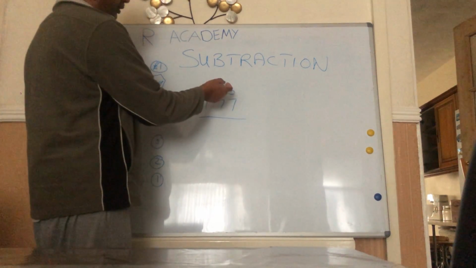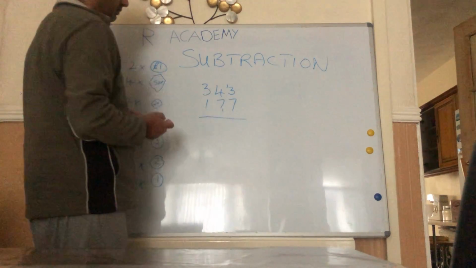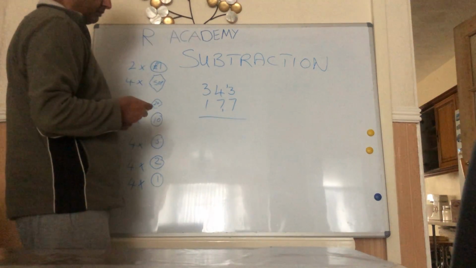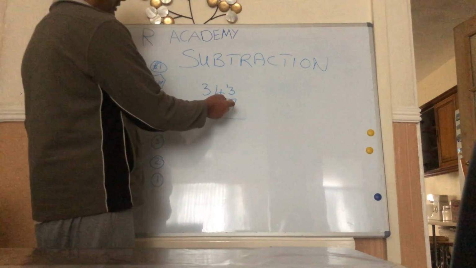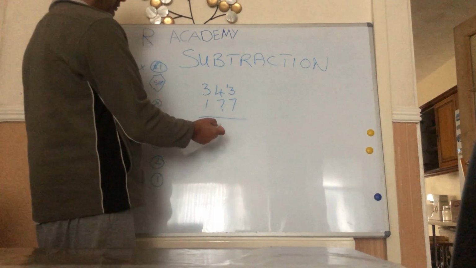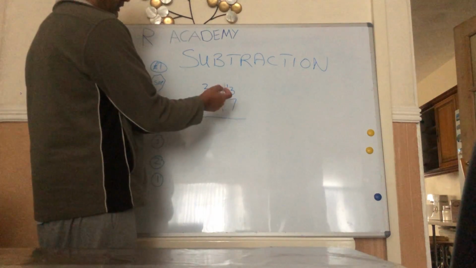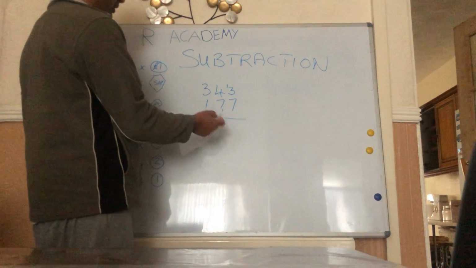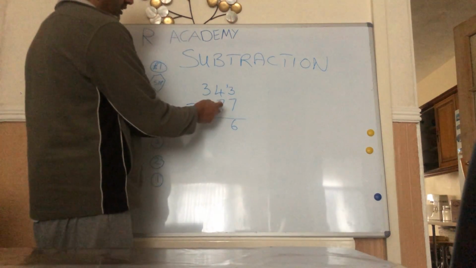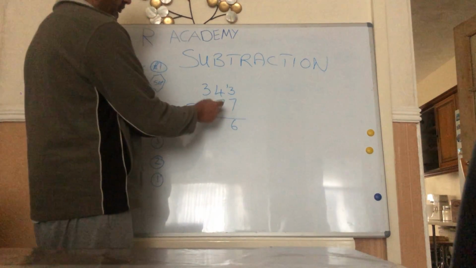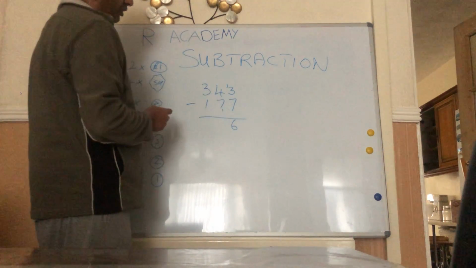And then you borrowed 1, so you just give it back down here. Just give it back. Okay? So then it's going to be 7 from 13. So 13 minus 7, in other words, if you want to do it that way, would equal 6. 7 plus 1 is 8. Yeah? 8 from 4 doesn't go.